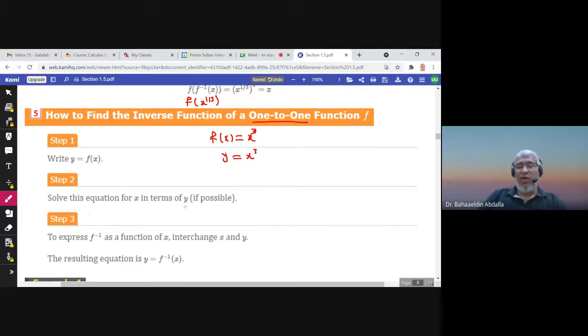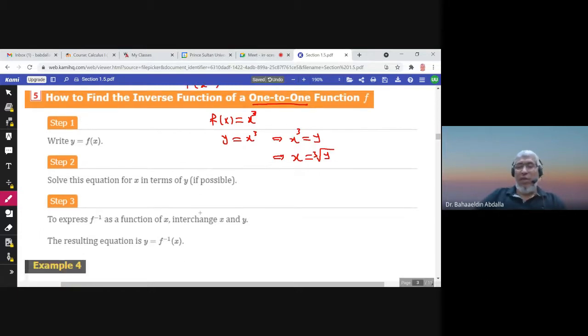Second step, solve the equation for x in terms of y. To solve this equation for x, I will write it first. X cubed equals y. And then I raise both sides to the power 1 over 3, or take the cube root of both sides. So x would be cube root of y. Now, step 3, interchange x and y.